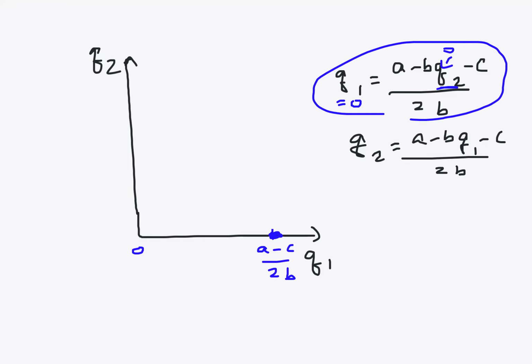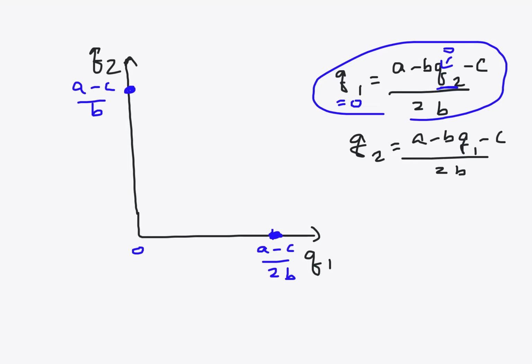If you solve for Q2, you get (A minus C) over B, some number that's here.